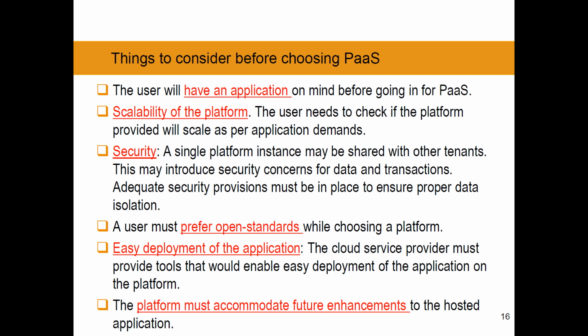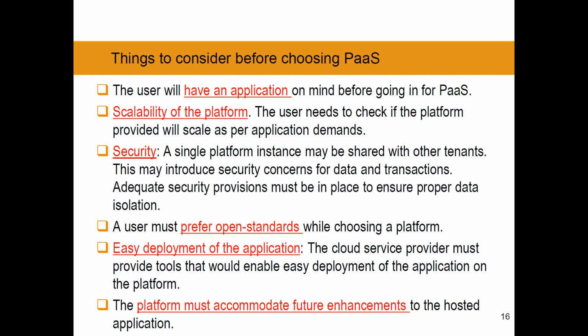Okay, a user must prefer open standards while choosing a platform. Why open standard? Any idea? Think about it. Because when you are using closed or proprietary standards, you are locking yourself in to that particular cloud service provider only, because it may not be supported by others, right?